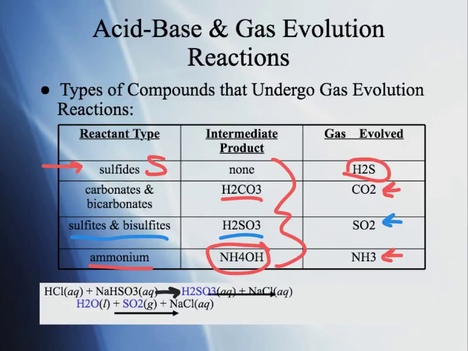Hydrochloric acid and sodium bisulfite react to form, again, H2SO3 and NaCl, right, by double replacement. And so remember that H2SO3 is an intermediate. It's going to fall apart into water and sulfur dioxide gas. Okay, so in the end, you have three products: water, sulfur dioxide gas, and the sodium chloride that was made in that second step.